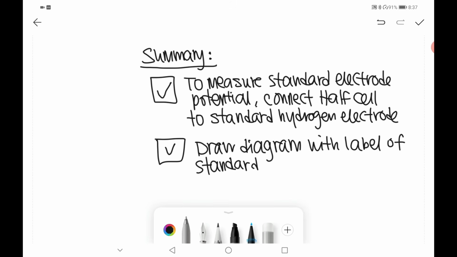You must be able to label your standard temperature, your standard pressure, your standard concentration, and also your standard platinum electrode.